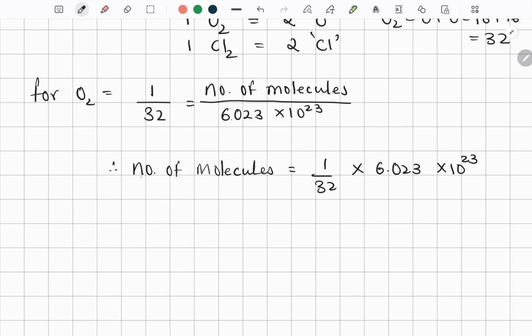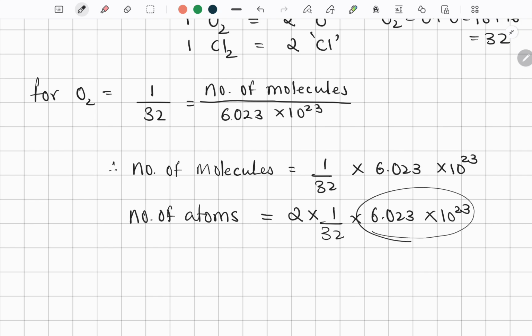Now what did I say? That when we get the number of molecules, we have to multiply that number by 2 and we'll get the number of atoms. Therefore the number of atoms of oxygen is equal to 2 into 1 by 32 into 6.023 into 10 raised to 23. As I mentioned, always leave the Avogadro number aside and solve this fraction.